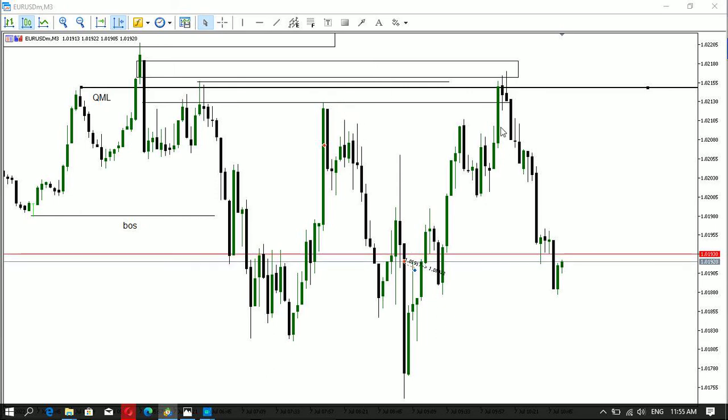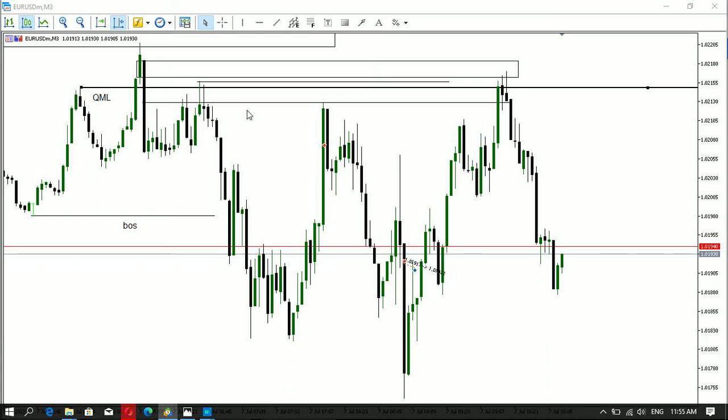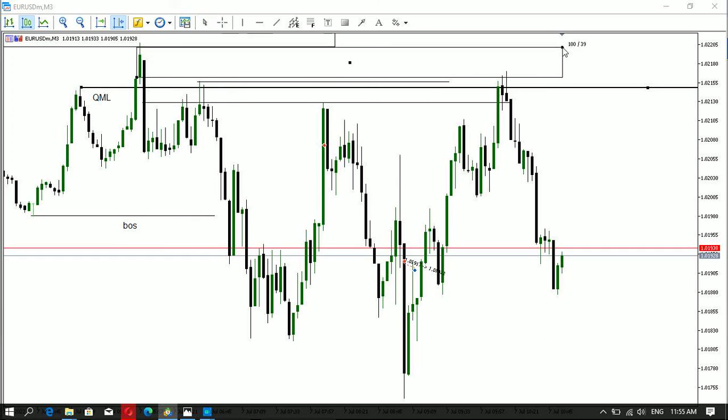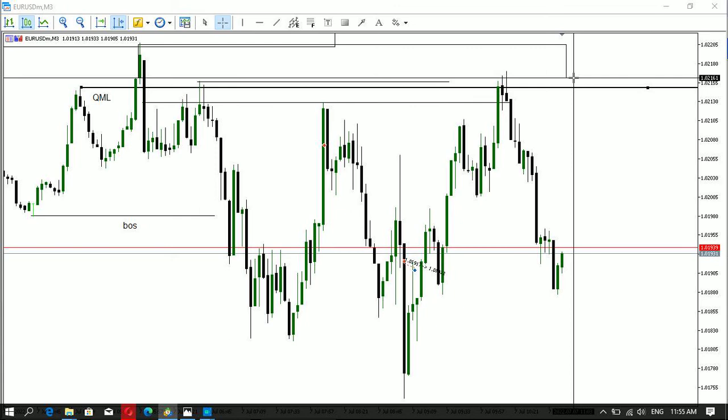So what really happened here is we have a hunt on this, right? We have a hunt, it grabbed liquidity, tapped into our area of supply zone. And our area of supply zone is almost at the institutional price level 1.02161.